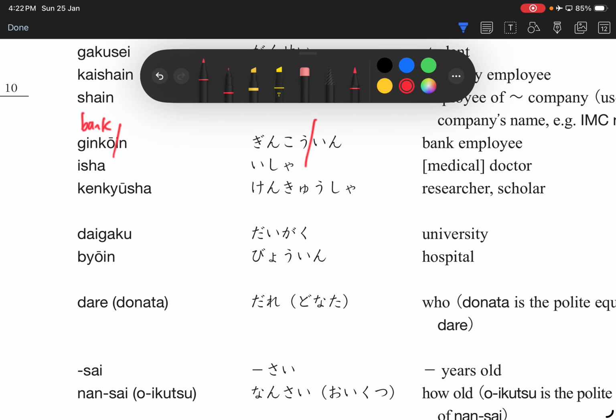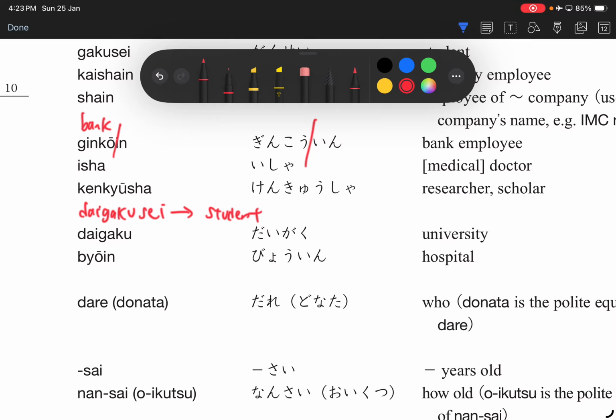Daigaku. So for university student, we say Daigakusei. Sei simply means student. Then you realize the U is silent. Daigaku, but when we put it with sei behind, it becomes Daigakusei, and the U becomes silent.